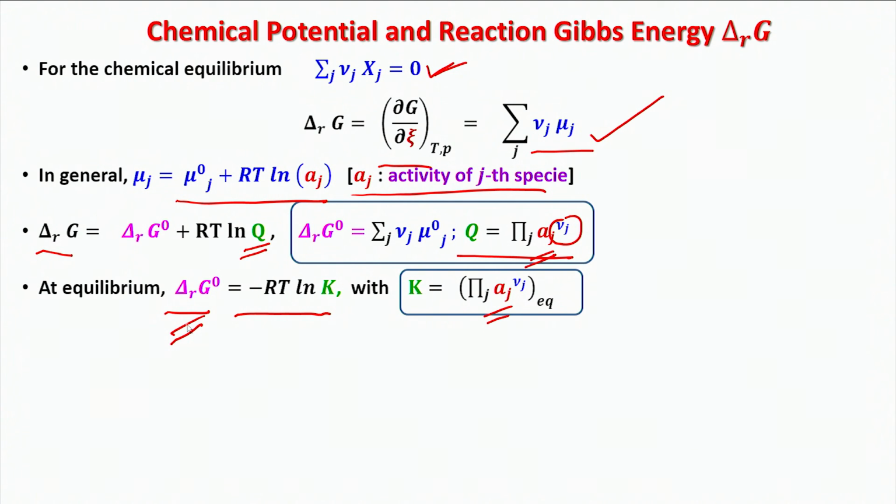So I will end my discussion over here and say that, well, in the next portion, in the practical applications, you can approximate the activities in terms of numerical values of molalities or molar concentration or partial pressures, depending on the kind of chemical reaction that you have.